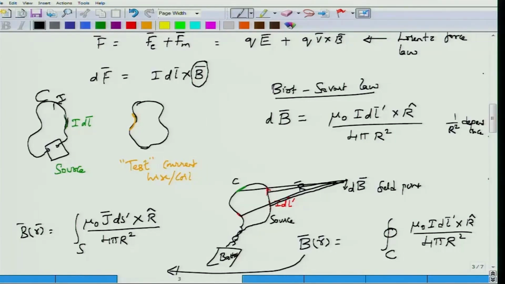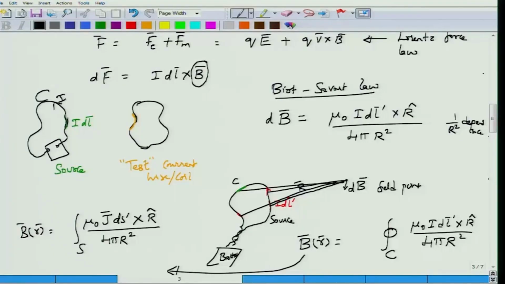We also saw 1 by r square dependence in Coulomb's law. Now, we are seeing this 1 by r square dependence in Biot-Savart's law, right. So, there is something interesting happening because of this 1 by r square. Clearly the field will be stronger if you are closer to the current element, and if you move away from the current element it would fall as 1 by r square, okay.